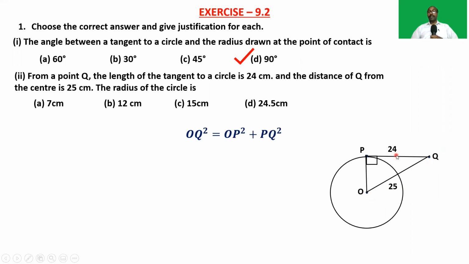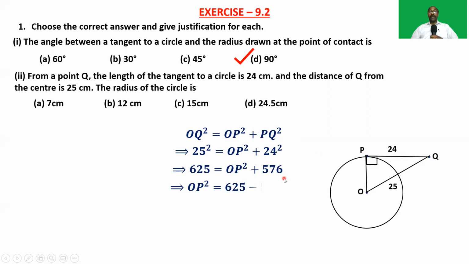Now by substituting the values, OQ is 25 and PQ is 24. So from this we get OP is equal to under root 49, which is equal to 7. So OP, the radius of the circle, is 7 centimeters. So A is the right option.